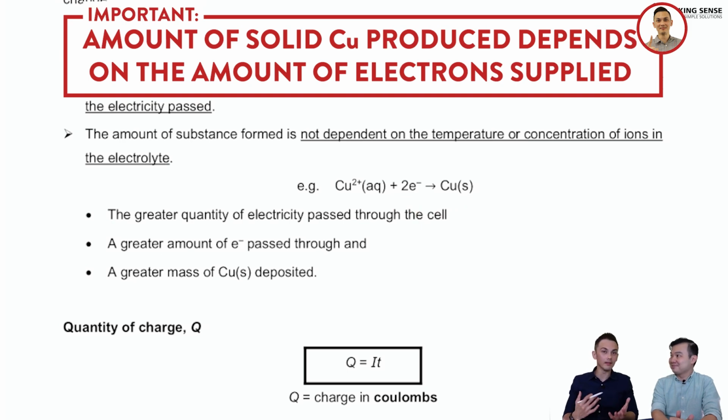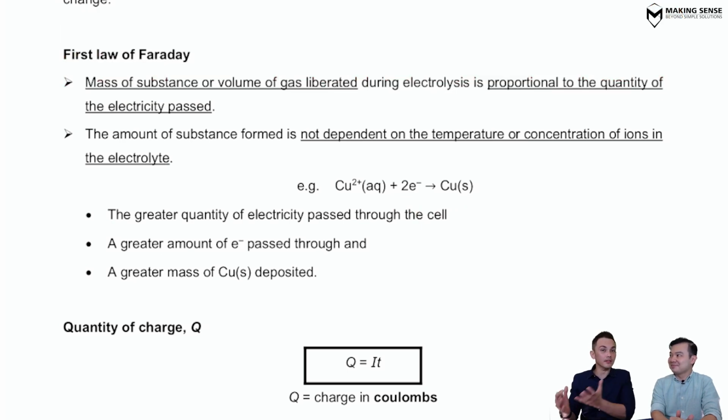That's right. So will things like concentration help? If I increase the concentration of copper 2 plus, does it help to give me more copper? If I think about this, more concentration means more Cu2 plus, right? It feels like more Cu2 plus should give you more copper. Is that right? It sounds right, but let's look at the equation again. You can see that it ultimately depends on the amount of electrons that is present.